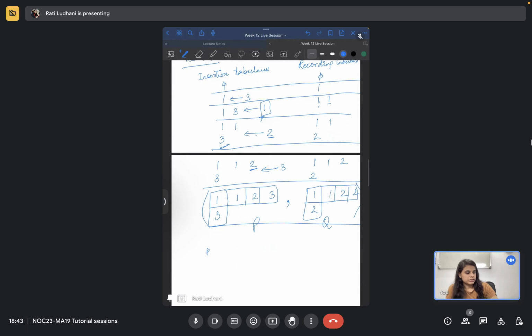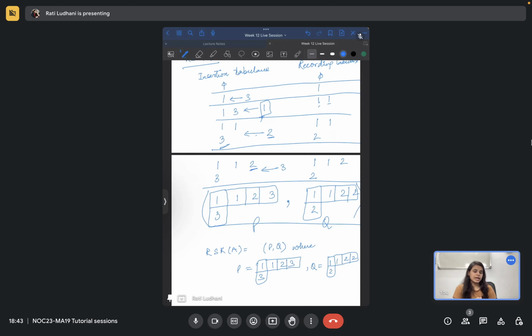So RSK of A is P comma Q, where P is 1 1 2 3 3 and Q is 1 1 1 2 2.